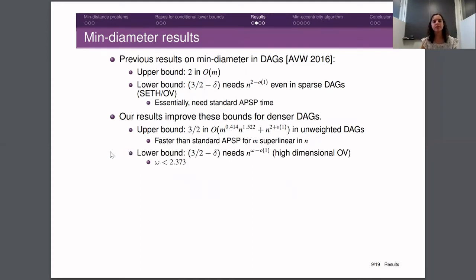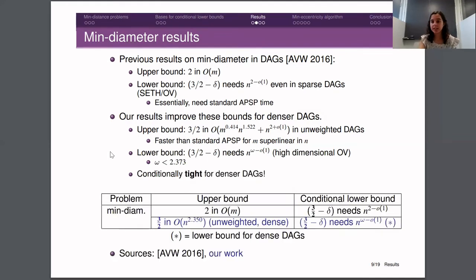And we also found a conditional lower bound, which is conditioned on high dimensional OV, which says that you essentially need matrix multiplication time to do better than a 3/2 approximation. So this is conditionally tight for dense DAGs, and you can see that here in this chart.